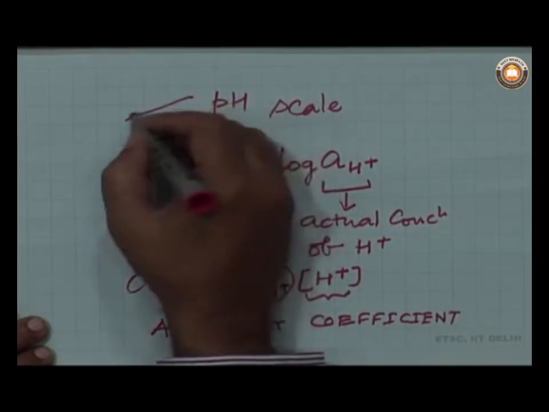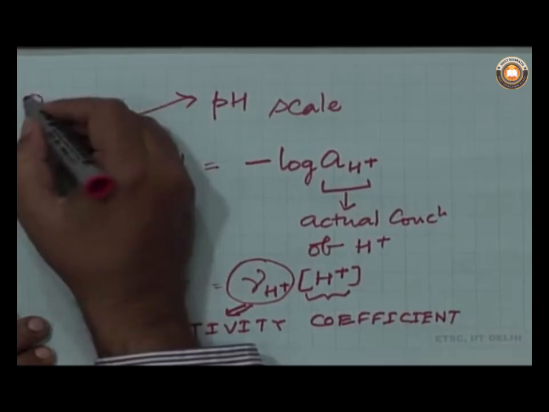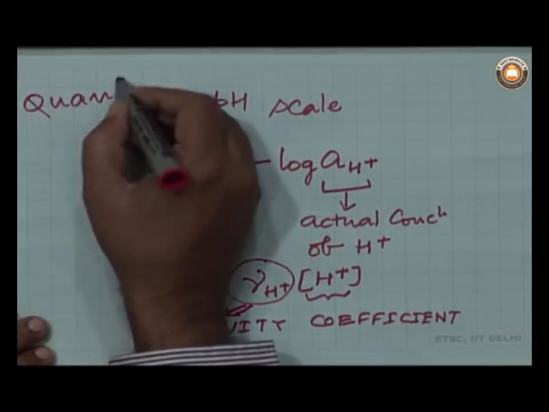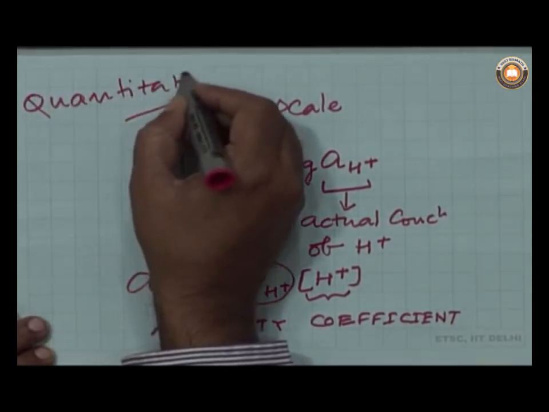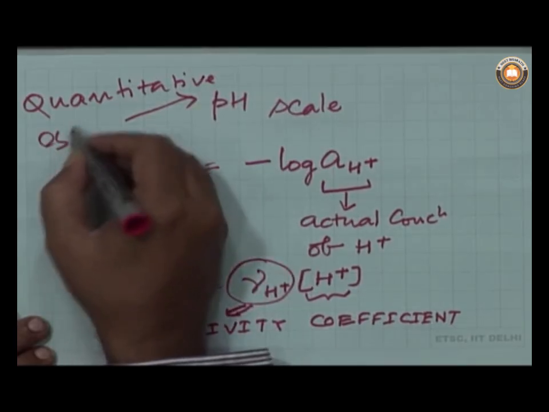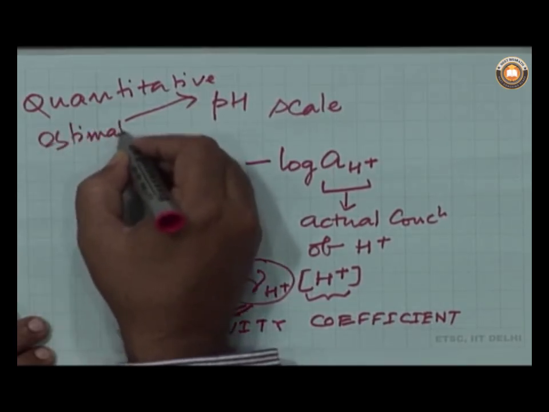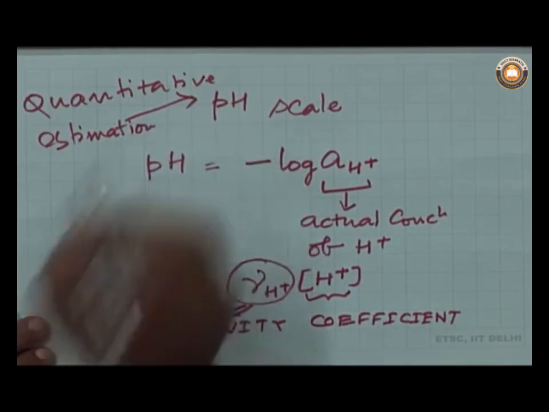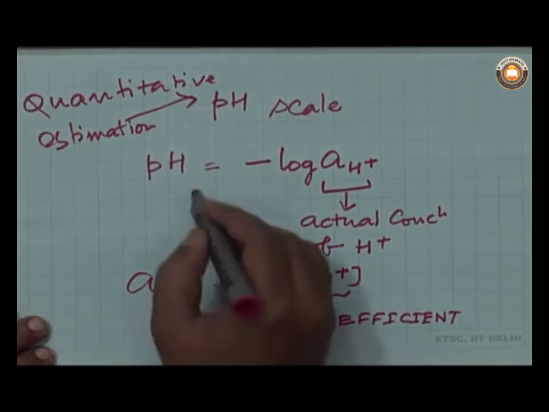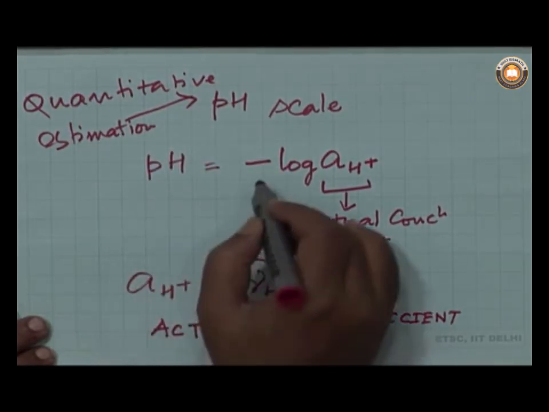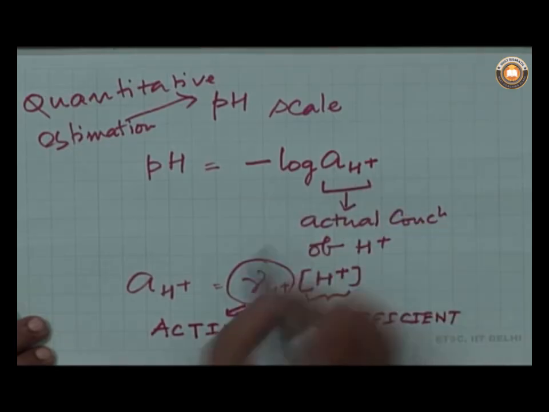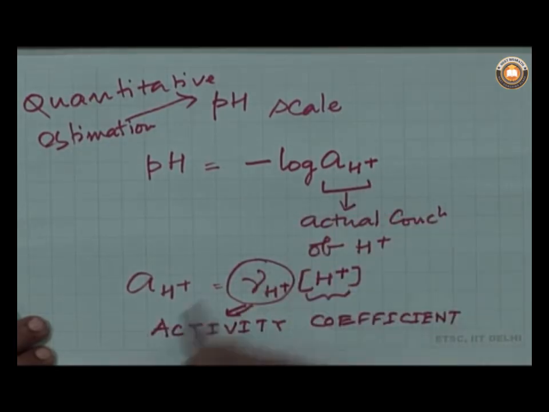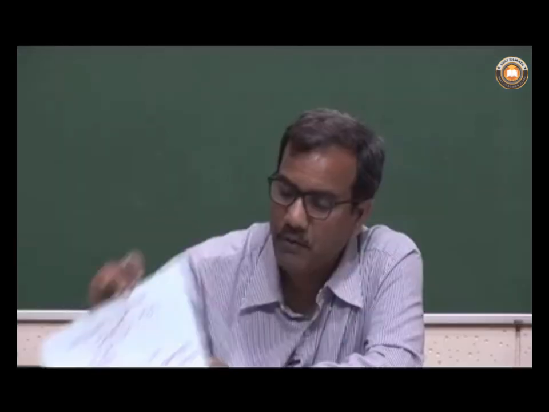So, the pH scale is used for quantitative estimation of acidity and basicity, and this is given by minus log activity of H plus, where activity of H plus is gamma H plus into concentration of H plus ion.